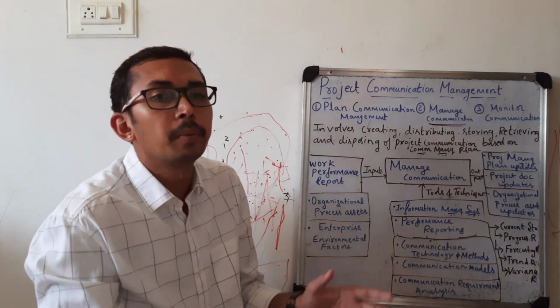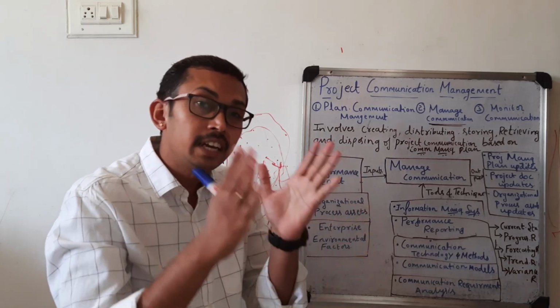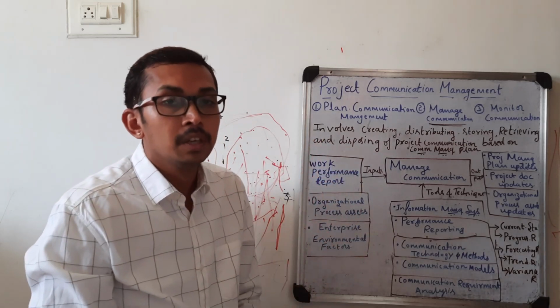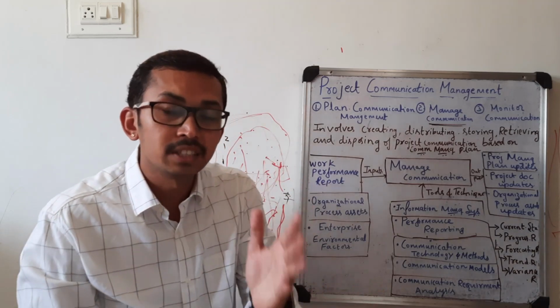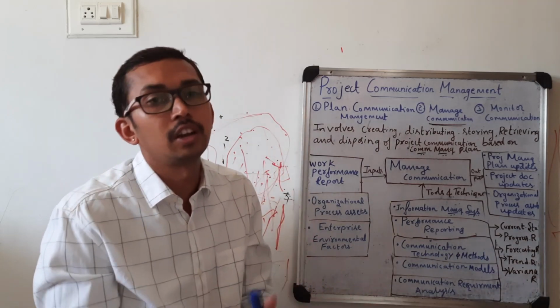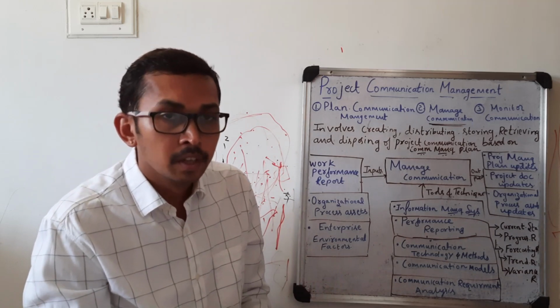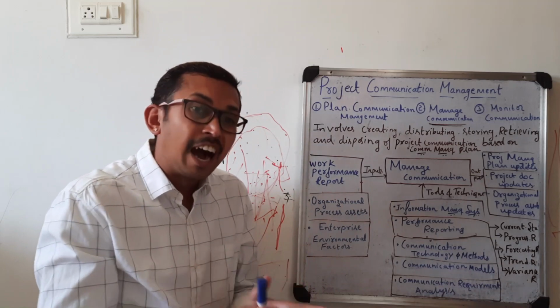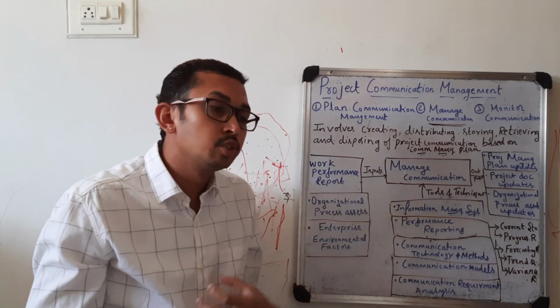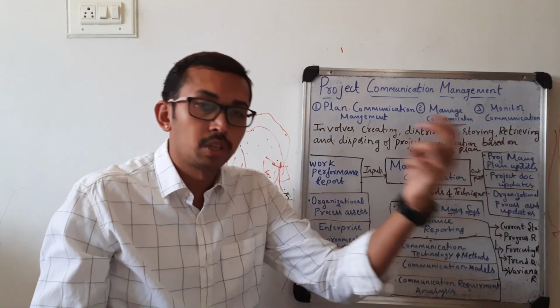Another important thing is the information management system. What is the meaning of information management system? It is a computer system which consists of both hardware and software. It acts as a backbone for an organization. It is going to collect the data, analyze the data, and give the reports to the management.